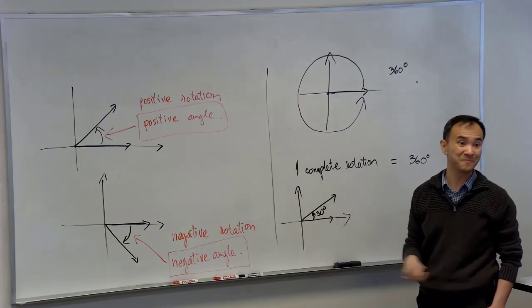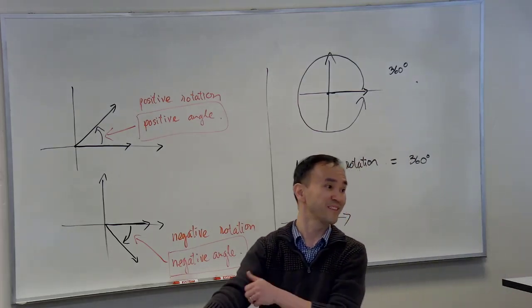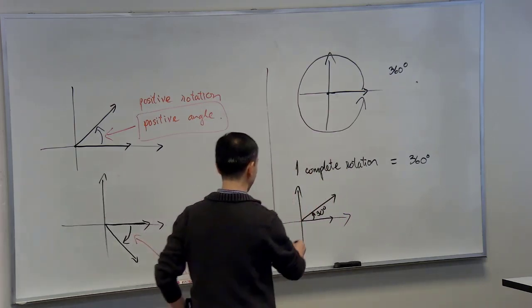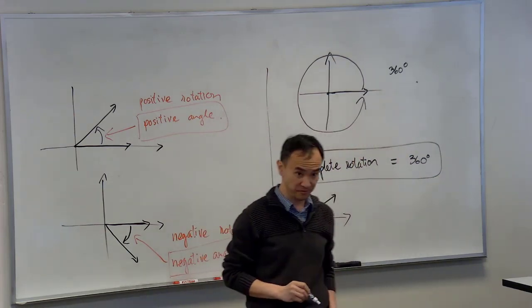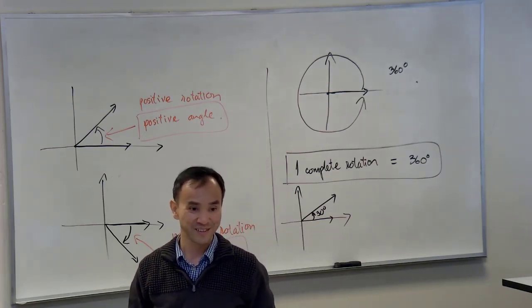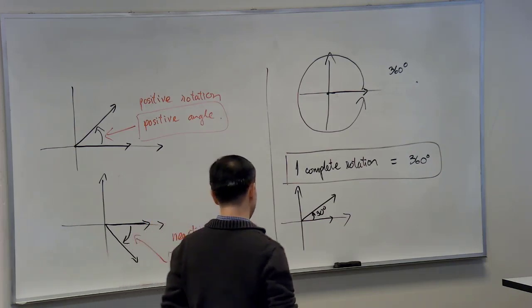A 30 degree angle is just one fraction of a complete rotation, because we nailed down that relationship: a complete rotation is 360 degrees. And so any angle you should know is basically a fraction of a complete rotation.